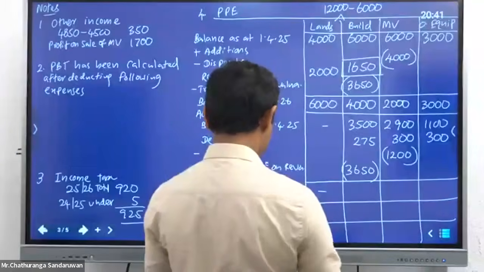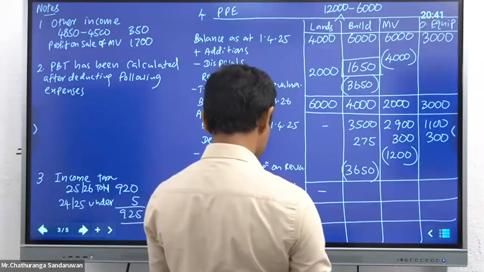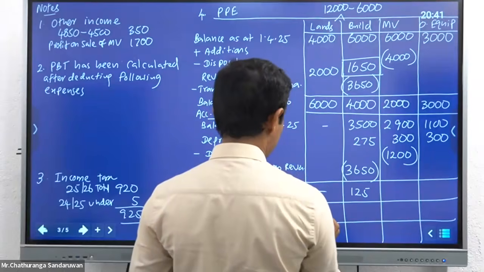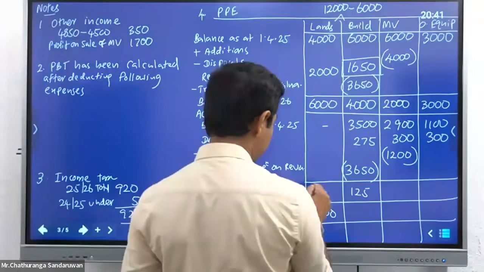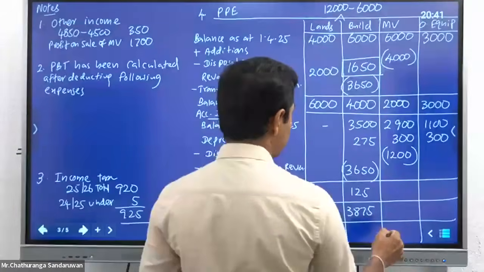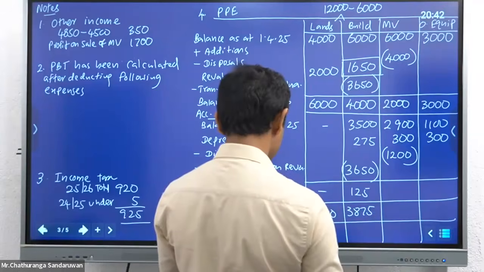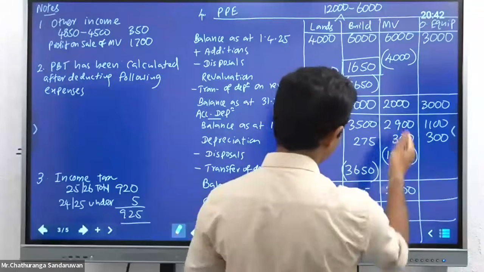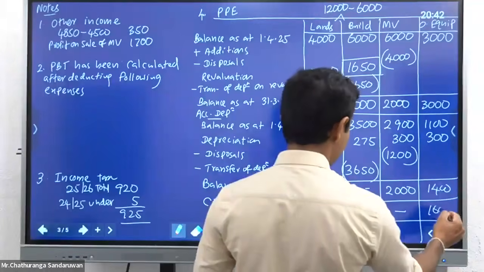Here 3,500 plus 275 minus 3,650, it's 125. Then it will be the carrying amount here 6,000, asset ending balance minus accumulated depreciation ending balance. So this minus this, 3,875. Here we get 2,900 plus 300 minus 1,200, it is exactly 2,000. So the carrying amount is 0. See, exactly 0.